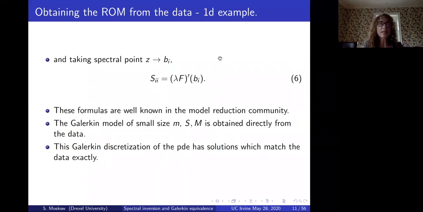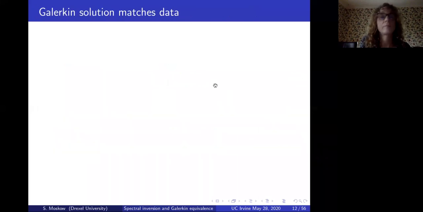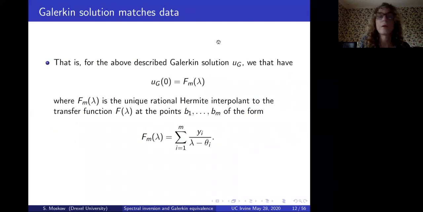So this Galerkin discretization is a discretization of the PDE which has the following property: the solutions match the data exactly. What do we mean by that? For the Galerkin solutions U sub G, if we look at them at the point 0, where our receiver is, what we get is a rational function of lambda.